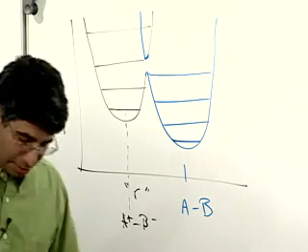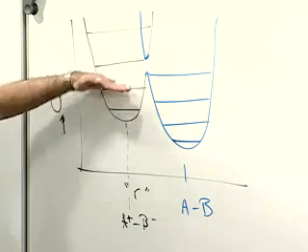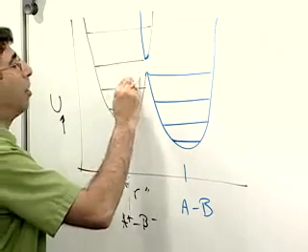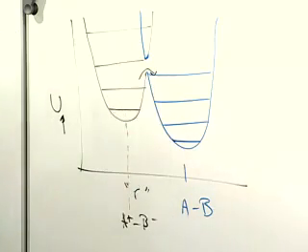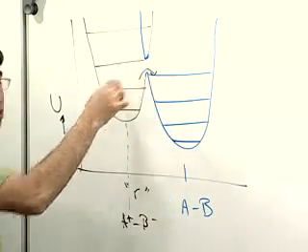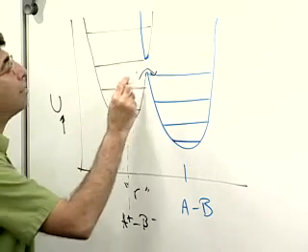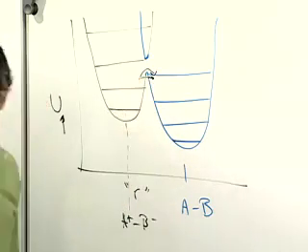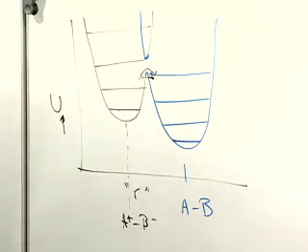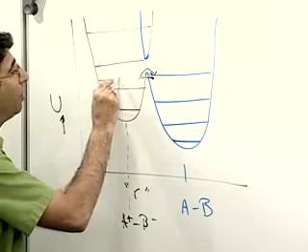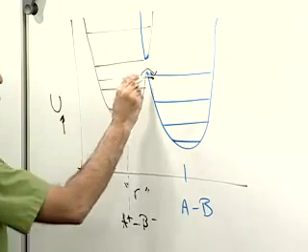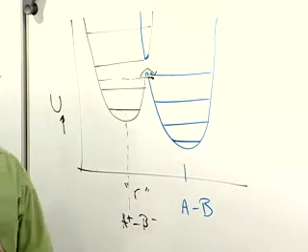And Marcus is telling us that we can get ourselves into some vibrational level that allows the electron to go across here. And it may not have to go exactly through this little opening. It may be possible that it could be a tunneling process and go through the barrier a little bit over there. But it's going to go from one vibrational level over here to, I'm going to put a vibrational level in over there, to another vibrational level. And again, the requirement is that these two vibrational levels are at the same energy.